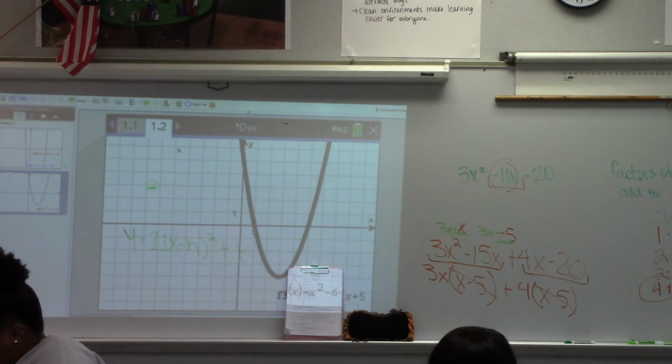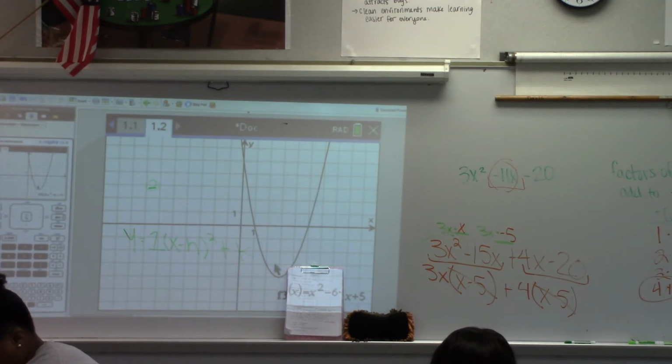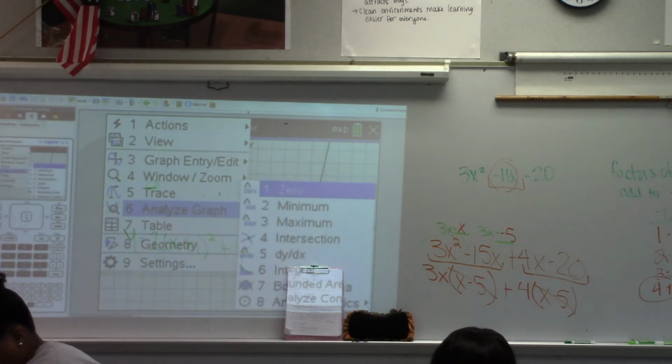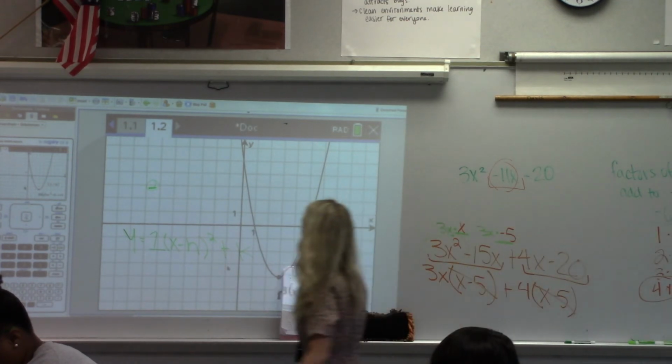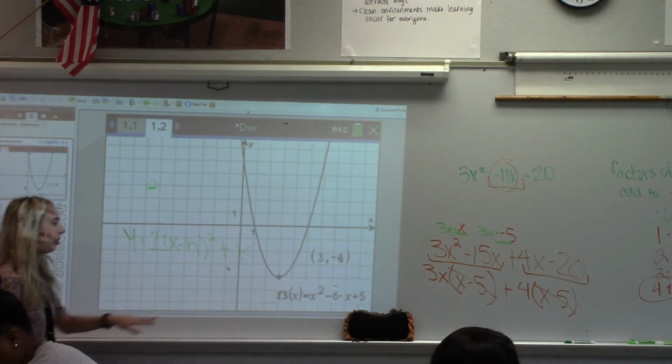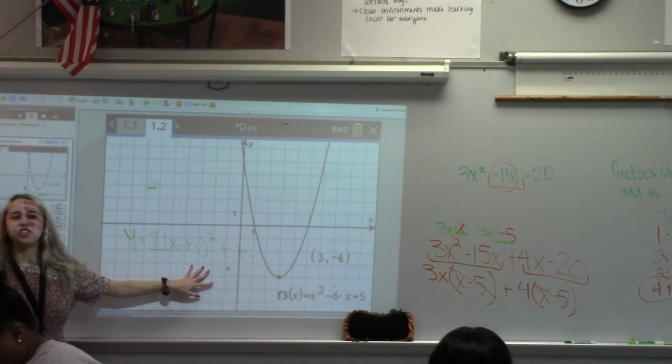Find the minimum. Why is it the minimum? Is this the vertex? Because it's the vertex of the parabola, the parabola that's concave up. Okay, so once you found that minimum, what does 3 and negative 4 represent in terms of my vertex form? Those are my H and K.